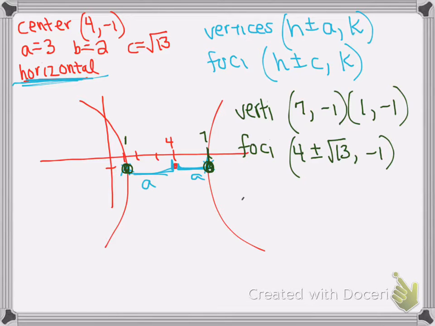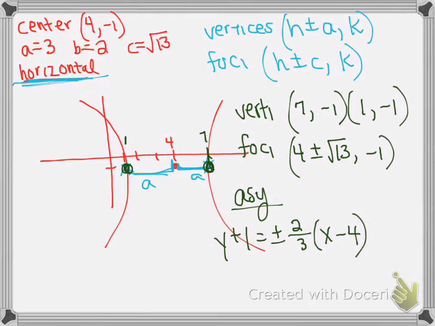The equation for the asymptotes is on your cheat sheet, so you just want to plug it in. It's going to be y plus 1 equals plus or minus 2 over 3 times (x minus 4). Don't worry about simplifying that because you won't be graphing that at all.